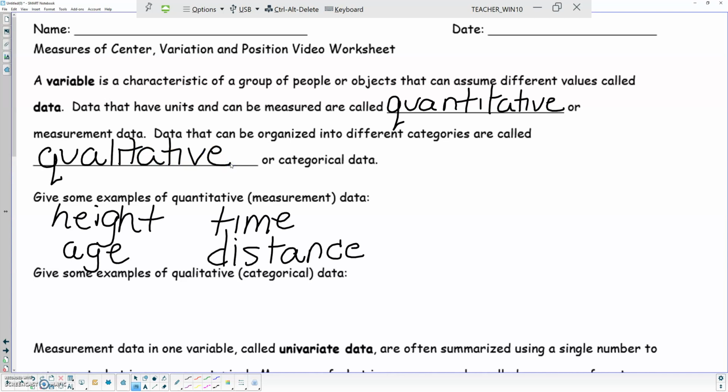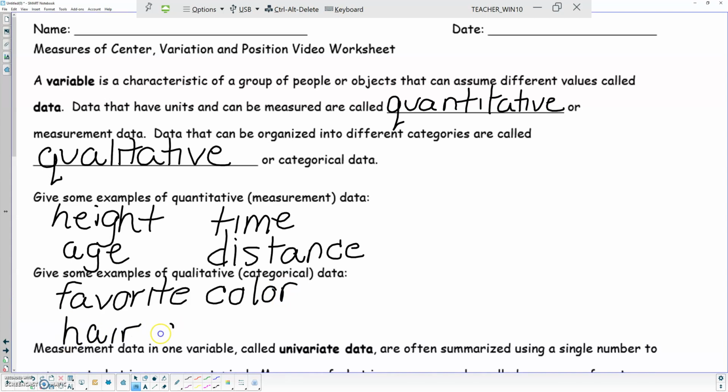Okay, so examples of qualitative data might be like organizing something into a category of your favorite color, or maybe organizing people according to their hair color. Okay, gender.